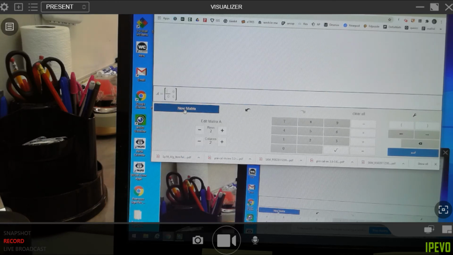New matrix. This one is a 1 row, 2 column. And I'm going to do a new one. This is by 4.